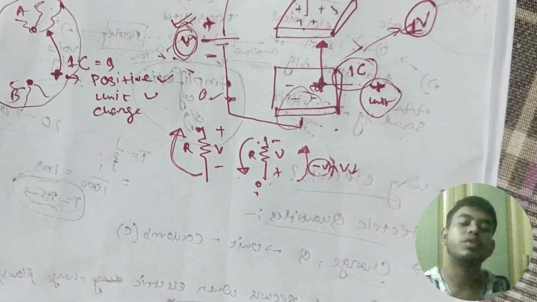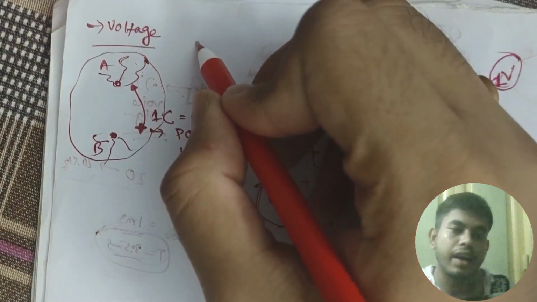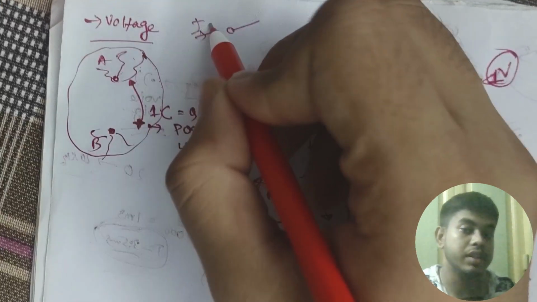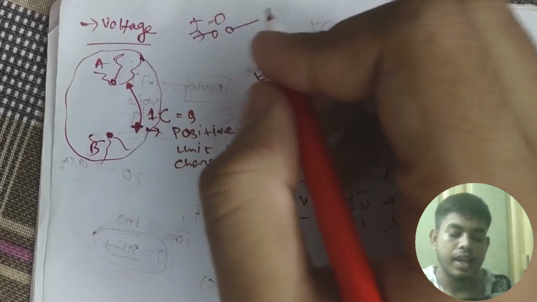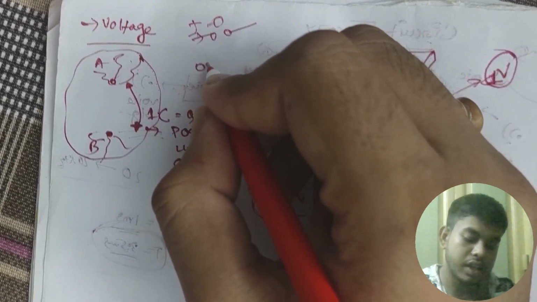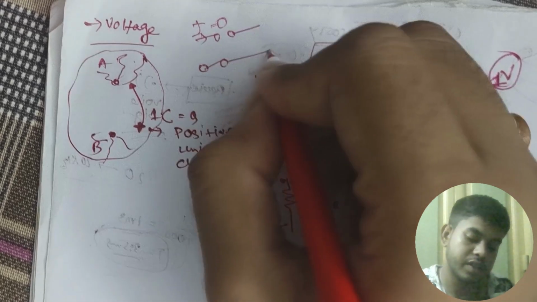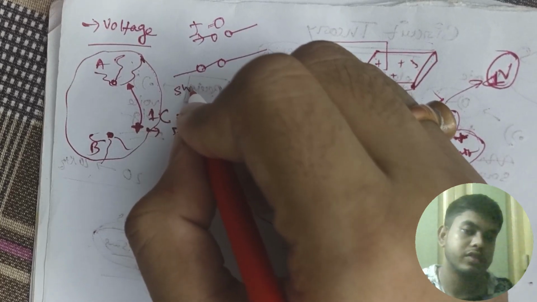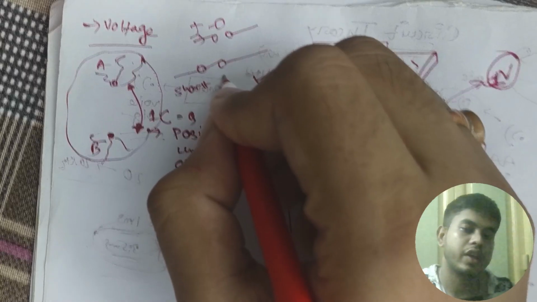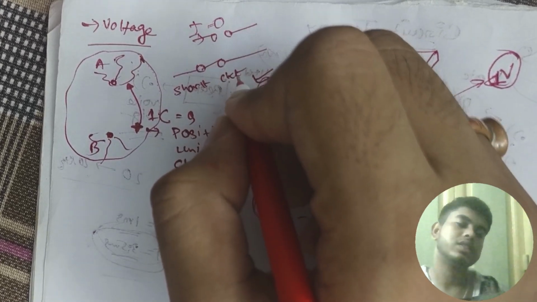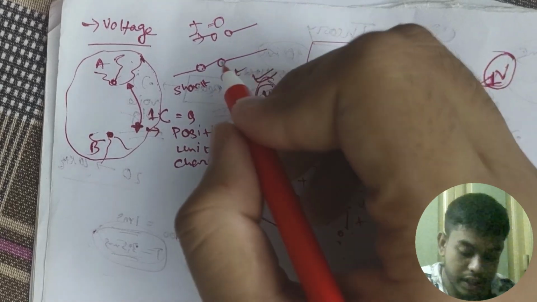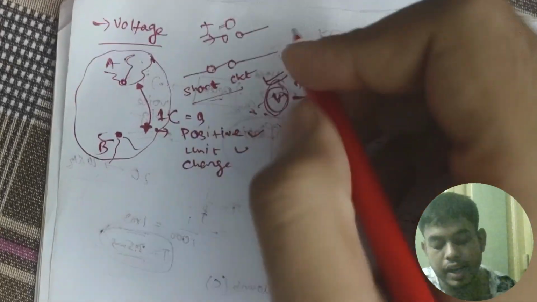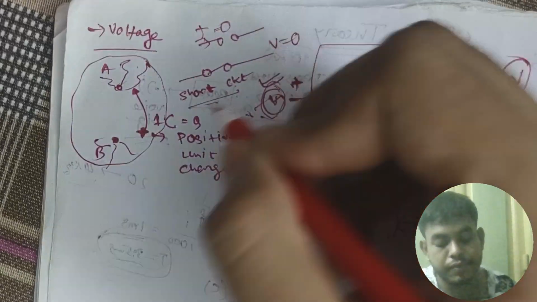Now, in open circuit, I have shown you that no current will flow, so the current will be 0. What does a short circuit define? A short circuit defines that voltage is 0.